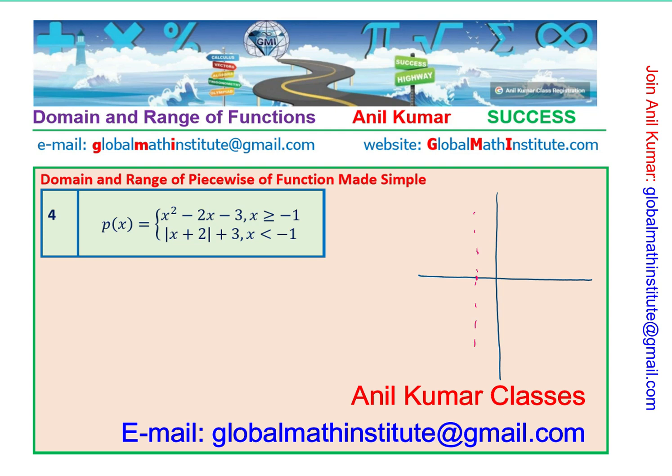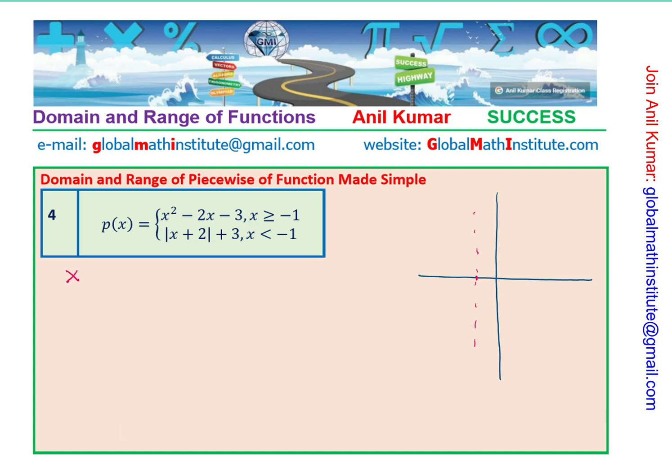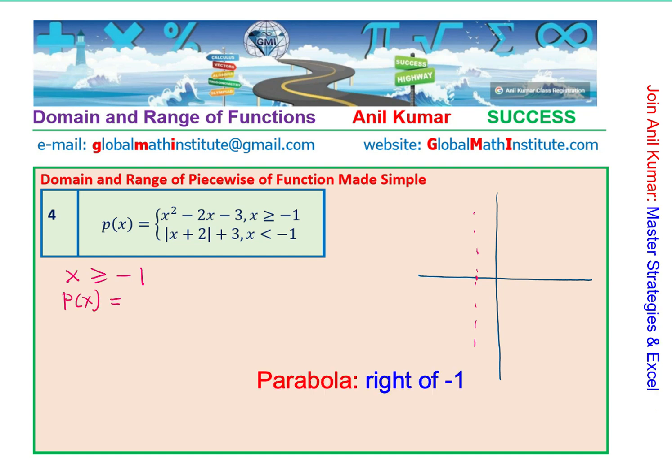So let's talk about the quadratic function when x is greater than or equal to minus 1. In that case, the function is defined as x squared minus 2x minus 3. You could always factor this and rewrite it as (x minus 3)(x plus 1), right?